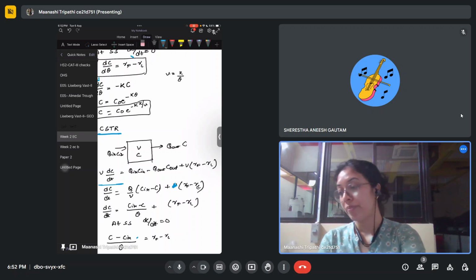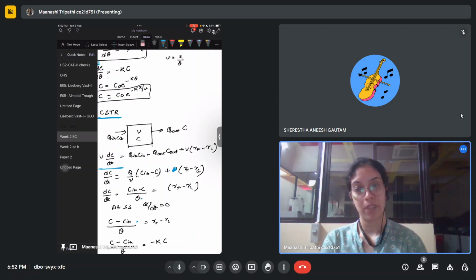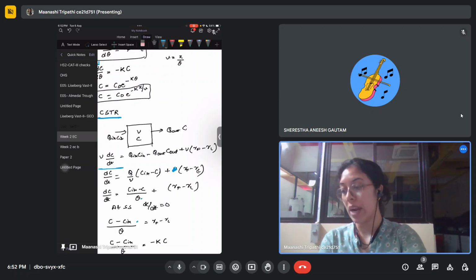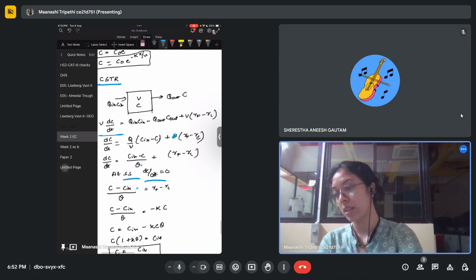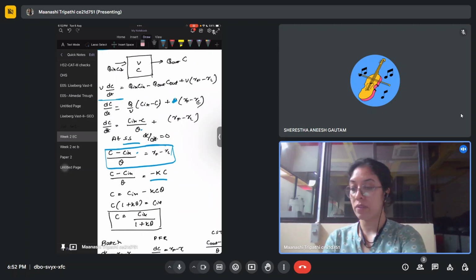Here Q by V can be written as theta, right? Now at steady state, dC by dt is equal to 0. Just putting this as 0, we will get this equation. Similarly, for a first order reaction, we will write minus Kc, and solving this, we will get this.